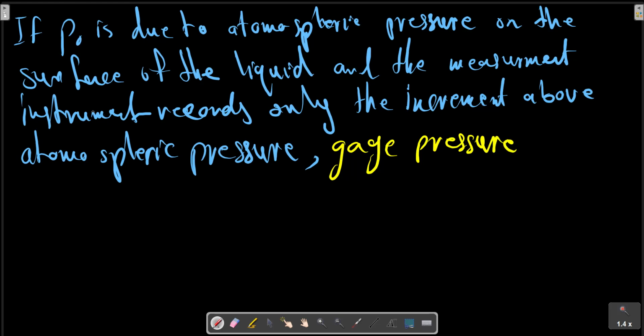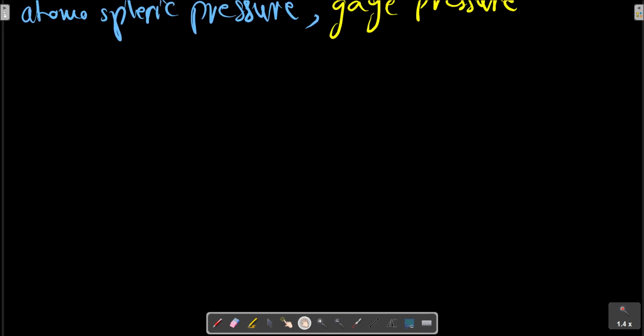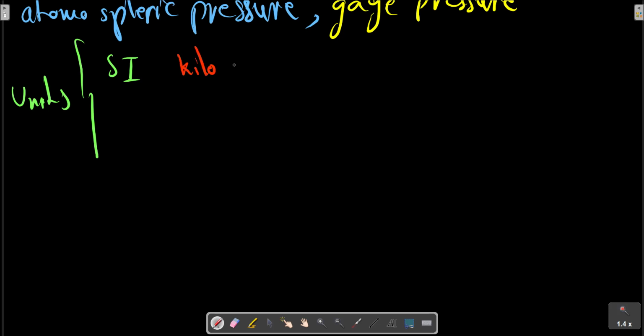The common unit for pressure in the SI system is the kilopascal, which is the same as kilonewton per square meter.